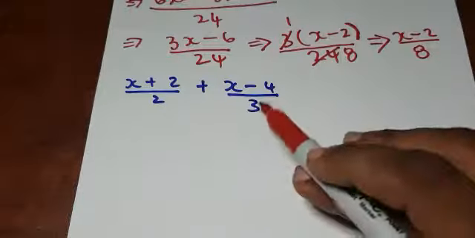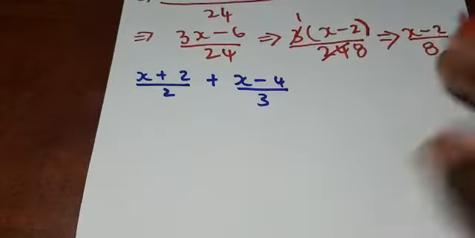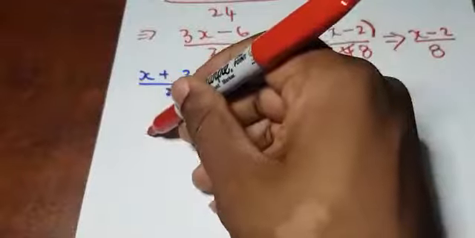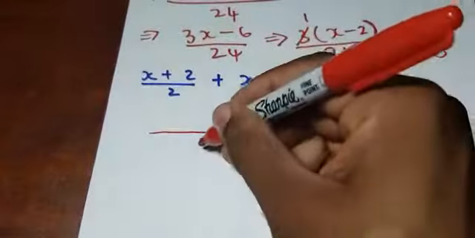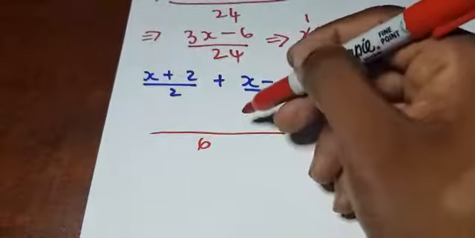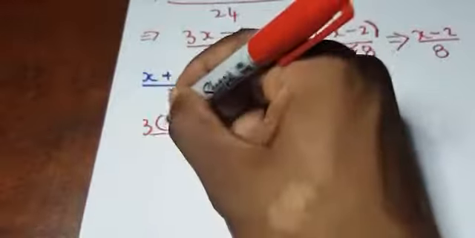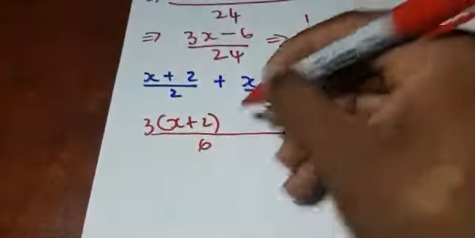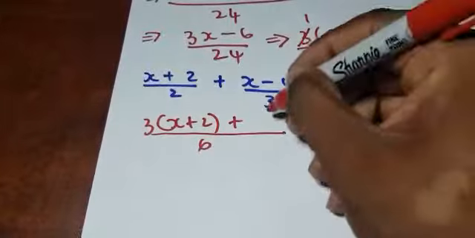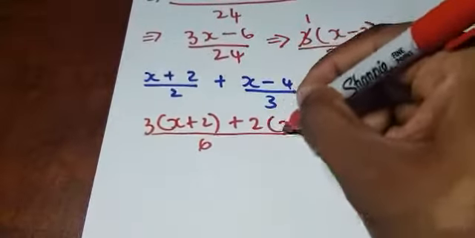So the next question here, as before, the LCM is 6. 2 into 6 goes 3 times, 3 into 6 goes 2 times.